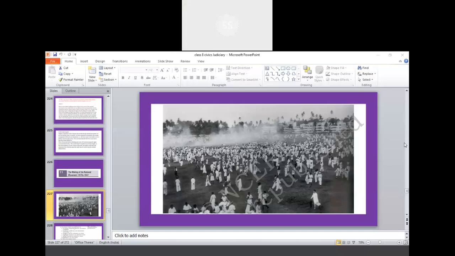So in this particular chapter, we are going to study the Indian National Congress under the leadership of early leaders and later Mahatma Gandhi, and how the Indian National Congress fought against the British rule.